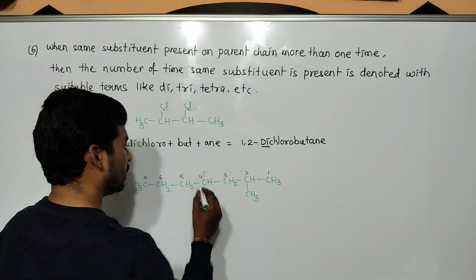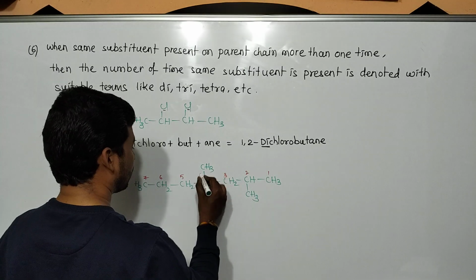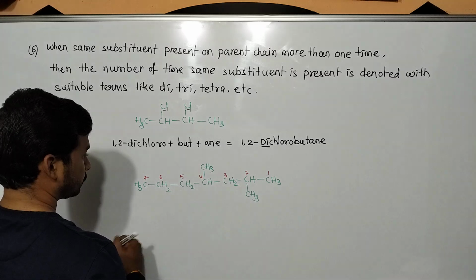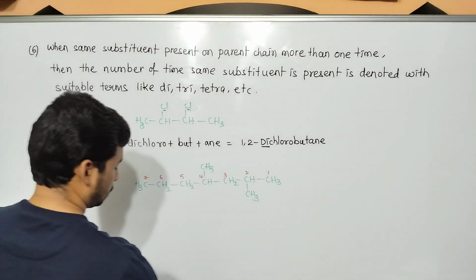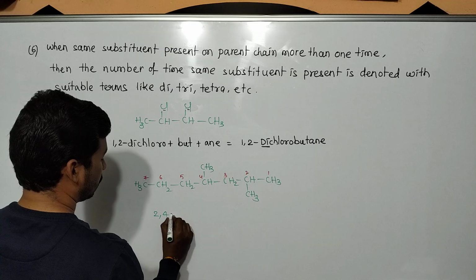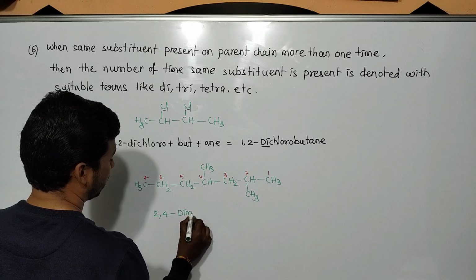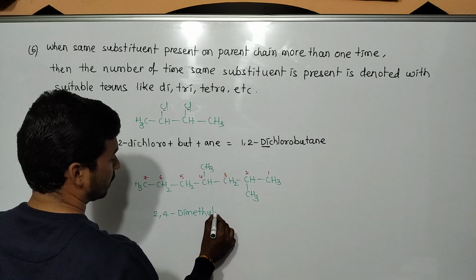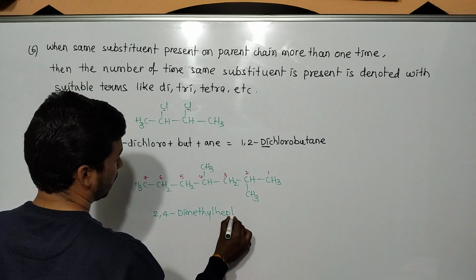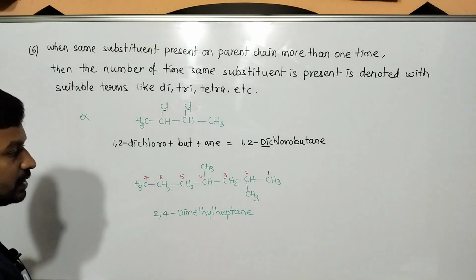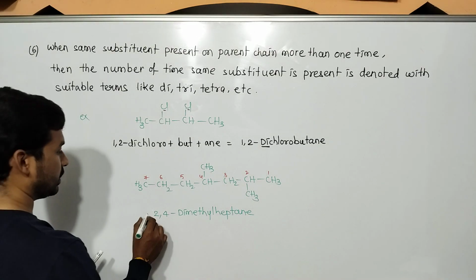So if it were also methyl, then what can you write? 2,4-dimethyl: at the 2nd position and 4th, 2 methyl groups, dimethyl. Total 7 carbon atoms, hept, single bonds between those carbon atoms, ane. 2,4-dimethylheptane. This is the IUPAC name.